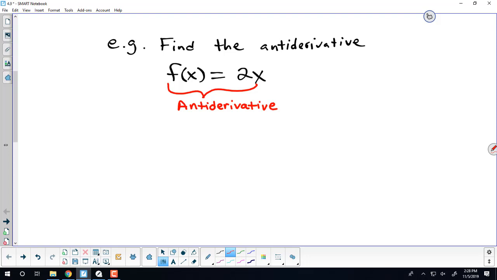Antiderivative of f is the function we take the derivative of in order to get 2x.